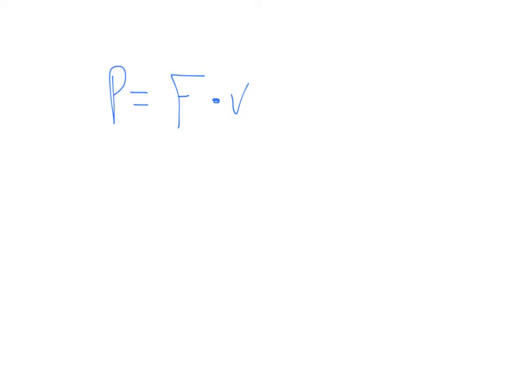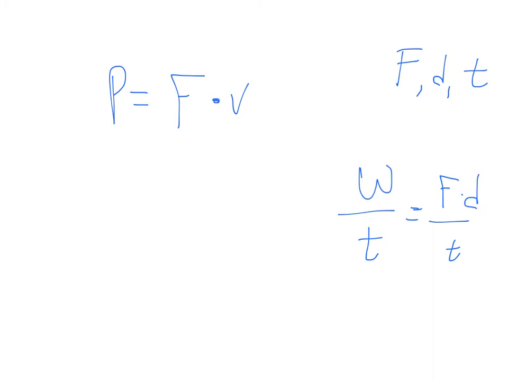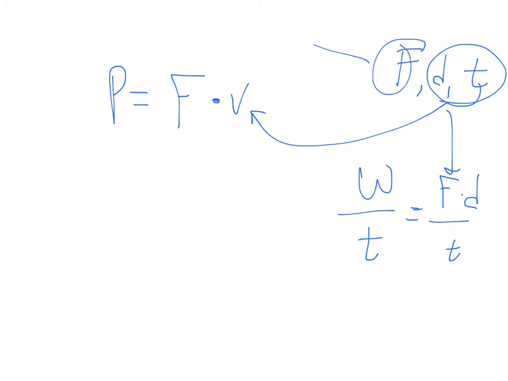If you're given distance and maybe a time period also, you might be tempted to change that. But if you're given force, distance, and time, then you would probably just use work over time, because work is force times distance over time. So you can go right to that. Or technically, you could do distance over time to give you the speed, and then take the force. But it's the same answer. Just pick one or the other.